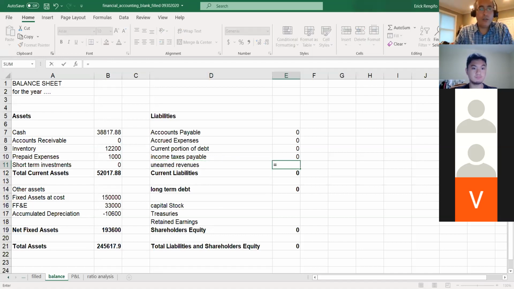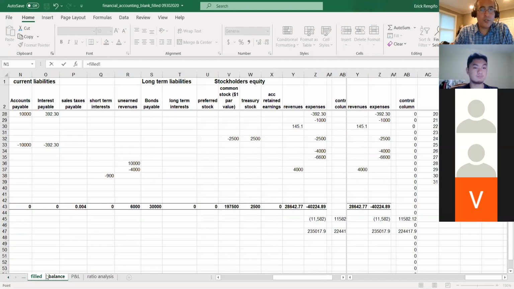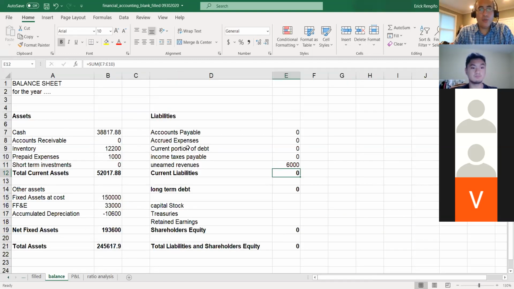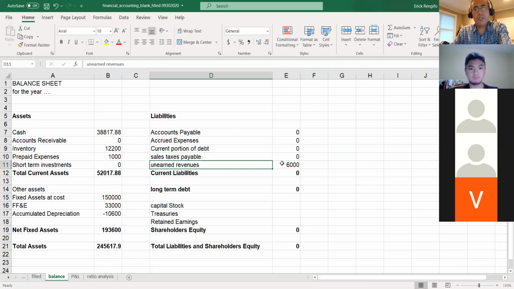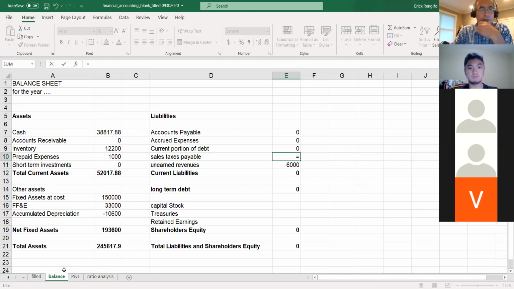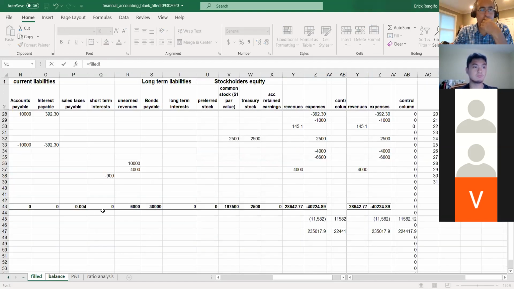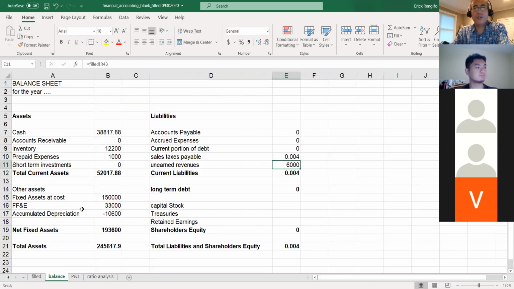So my unearned revenues equal 6,000. What I can do here is sales taxes payable, because that's something that we have. And this one here, well, this is a rounding error. They agreed at 0.004.